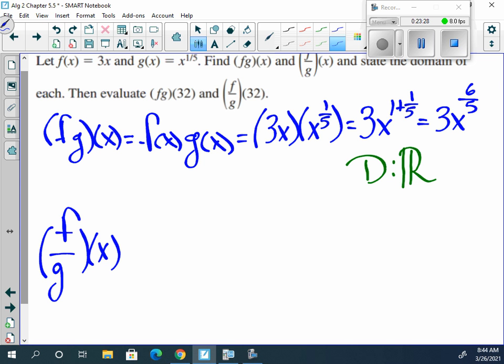Now looking at our division, this is the same as f of x over g of x, which would be 3x over x to the 1/5.